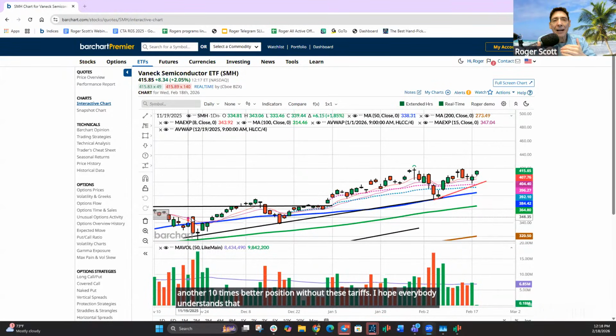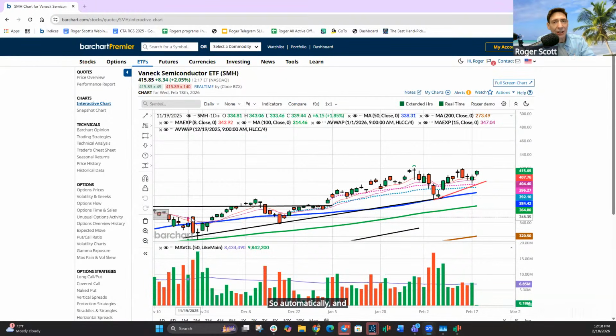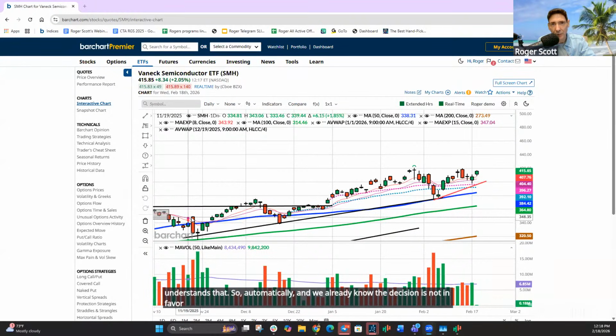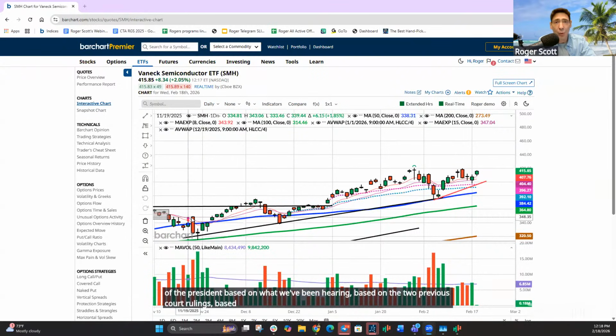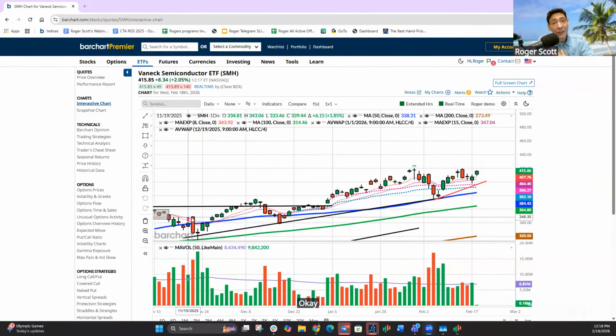We already know the decision is not in favor of the president, based on what we've been hearing, based on the two previous court rulings, based on the fact that what he's trying to do is completely unconstitutional, and based on the fact that the Supreme Court was pretty much asking, "What are you trying to do?" So the odds on Wall Street are very much against the tariffs going through.